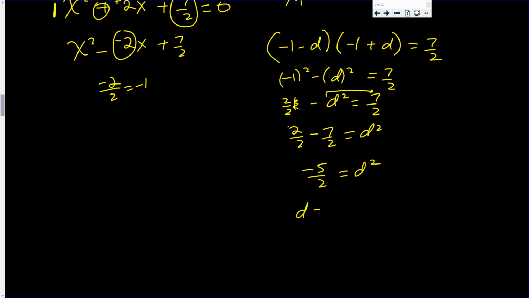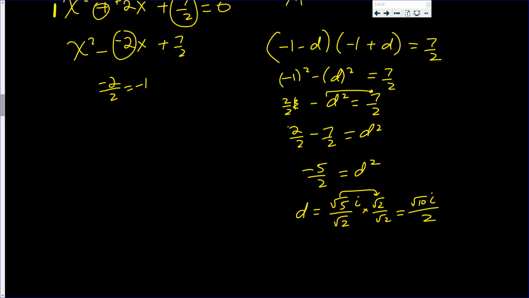So d is going to be the square root of 5 divided by the square root of 2 times the square root of negative 1, which is i. If you want, you can multiply top and bottom by square root of 2. That gives us a rational number in the denominator. And then the square root of 5 times the square root of 2 is the square root of 10, times i.